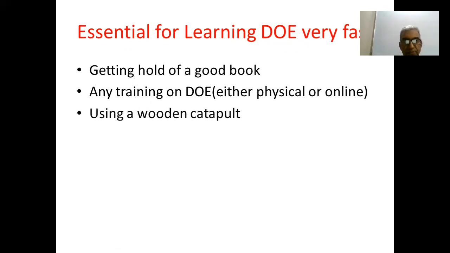And then with the wooden catapult, which you have seen, you can very nicely generate random normal distribution data, and you can learn before doing the actual practical. You can learn all the theory and practicals using the catapult, like statistics, fractional factorial, ANOVA, and optimization.